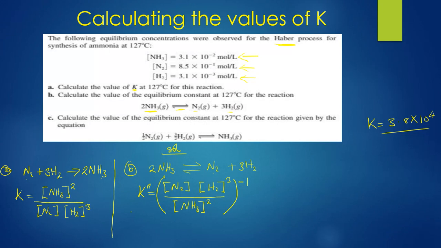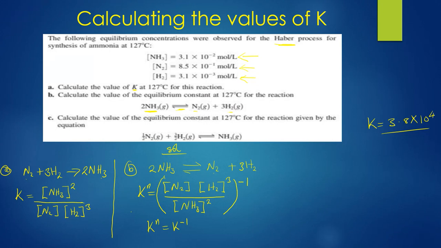So therefore our K is raised to negative 1. I'm sure you're clear on how you're coming up with this. We're trying to make this expression be like the first one, because this one is the reverse of the first one.